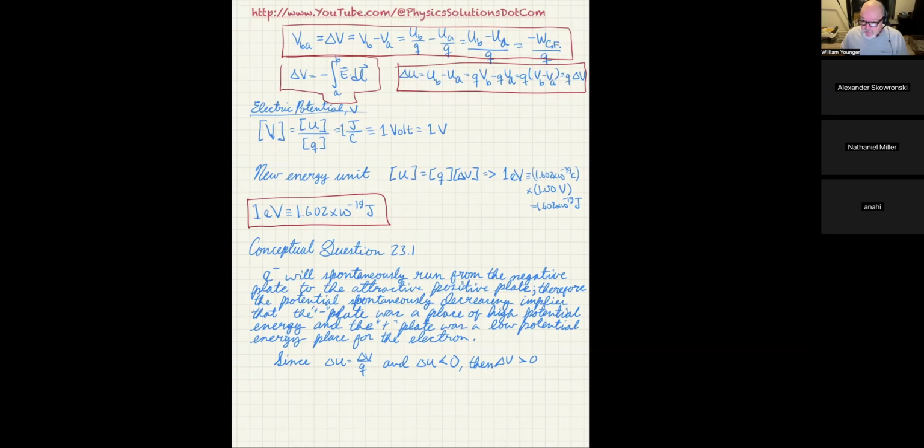So the delta V is going to be positive, and therefore E minuses, electrons, move from low voltage to high voltage.